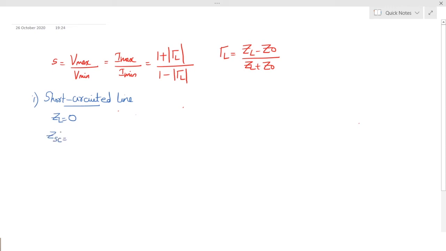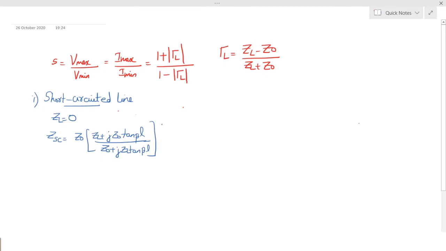The general equation for the input impedance of a lossless line is Z0 into ZL plus j Z0 tan beta L divided by Z0 plus j ZL tan beta L. We are considering a short circuited line.